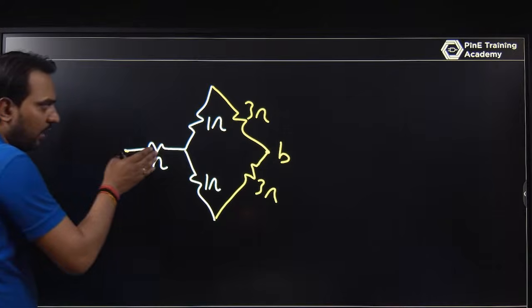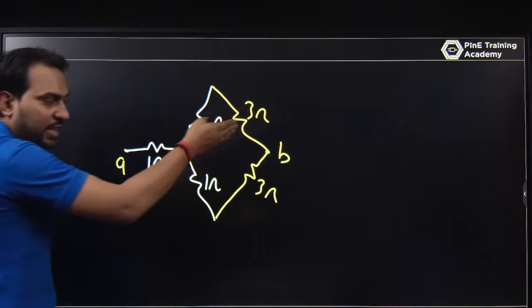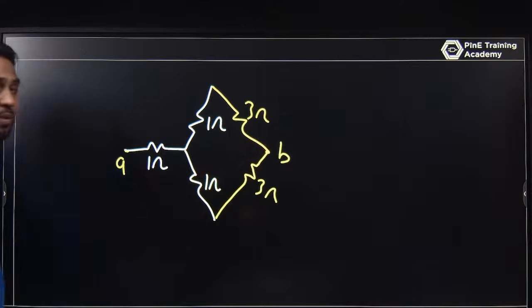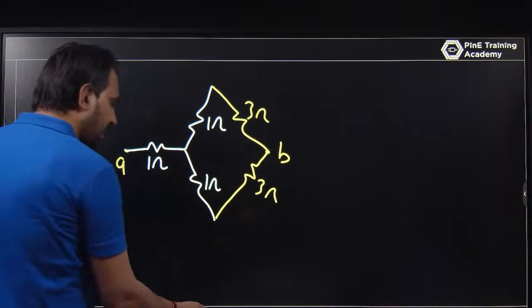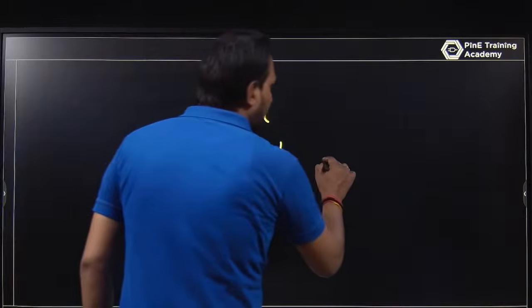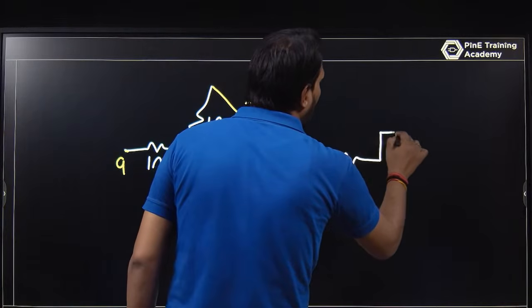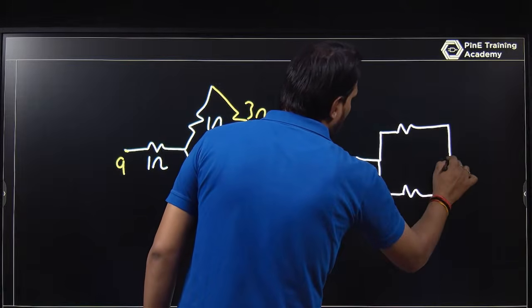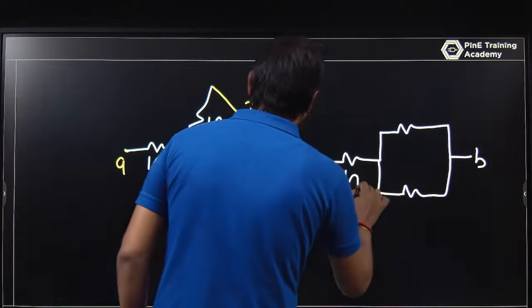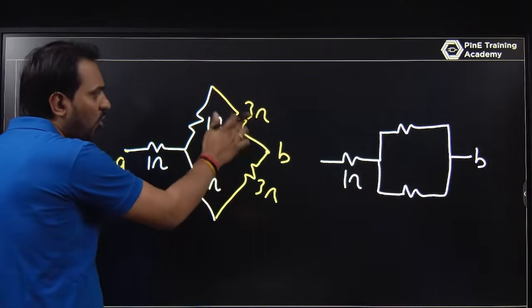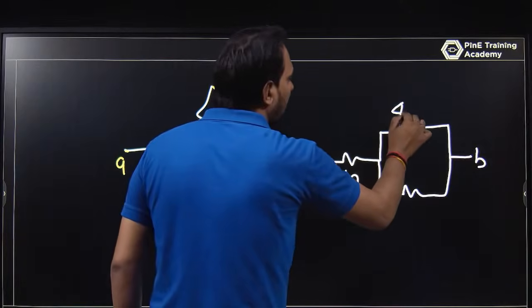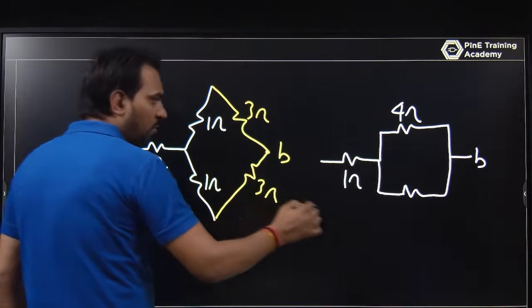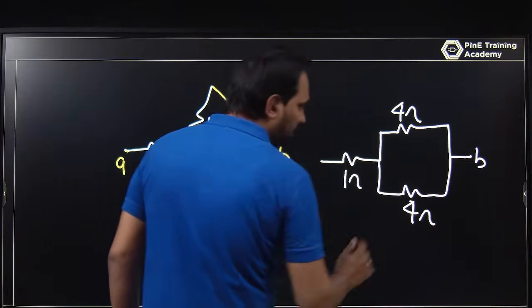If you are looking from this branch, this 1 ohm and 3 ohm are in series. So the circuit is like this. This 1 ohm and 3 ohm are in series, so it becomes 4 ohm.